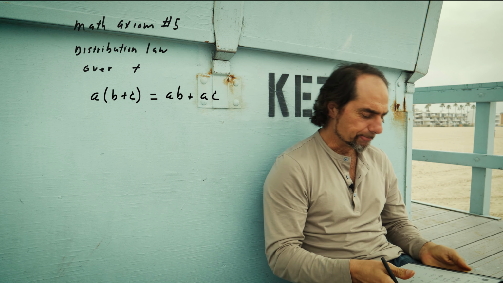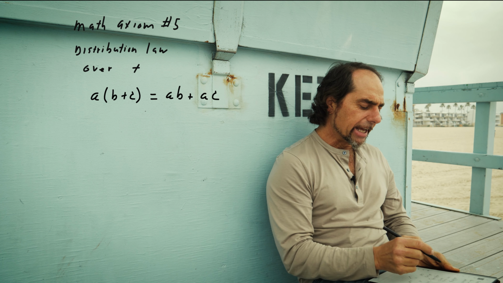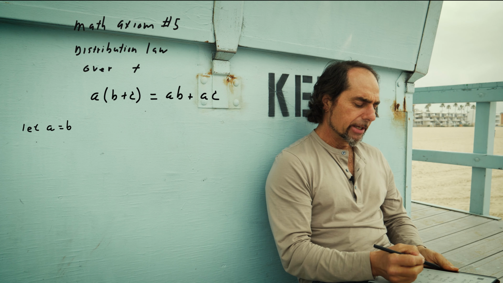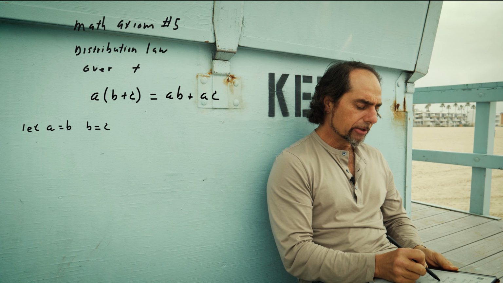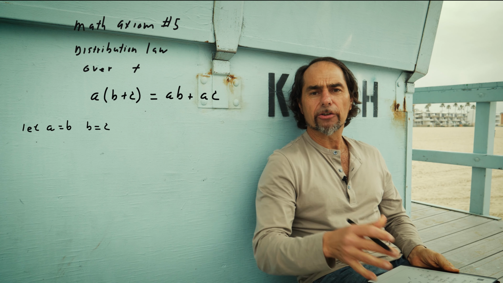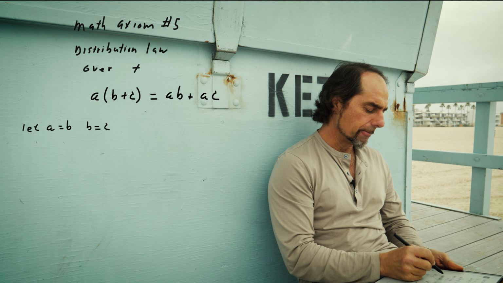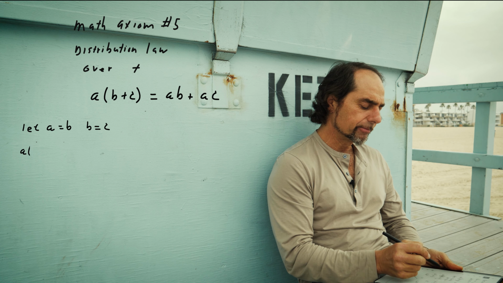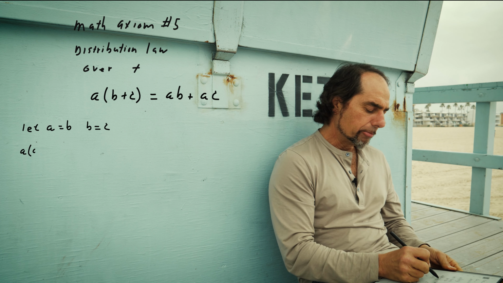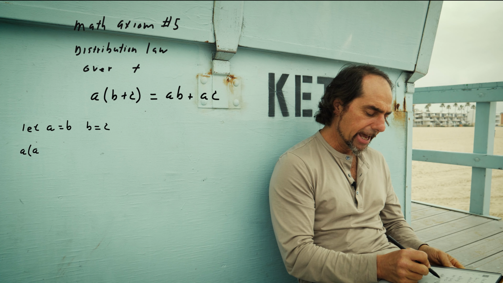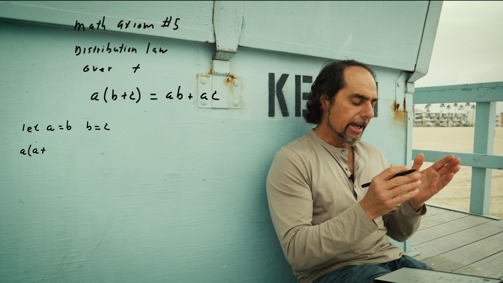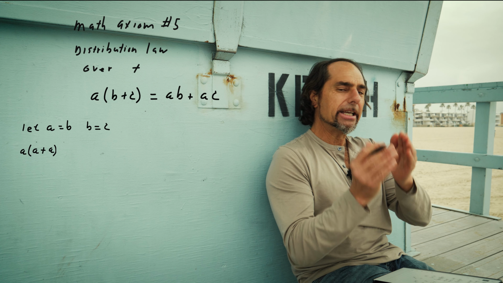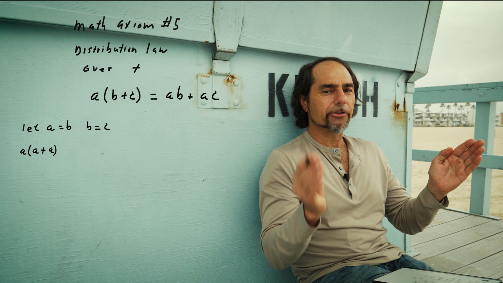Anyways, let's continue on. Therefore, let A equal B, and we're going to let B equal C to show if this thing holds in general. So here we go. A, open parentheses, substitute A for B, plus, parentheses again, A, because if B equals C and B equals A, then A equals C, right?